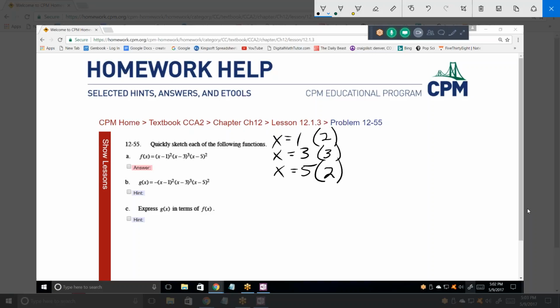Now here's why that's important. If I have an even multiplicity, it does not go through the x-axis. It bounces off of it. If I have an odd multiplicity, it does go through.